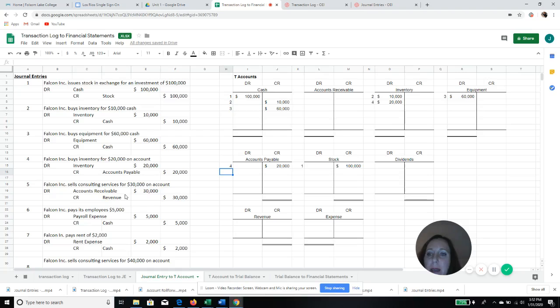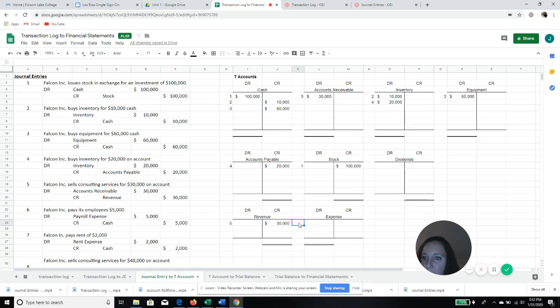Transaction number 5, we debited accounts receivable for 30,000. And we credited revenue for 30,000. Transaction 6, we debited payroll expense. I'm just going to put all my expenses in one T account for now. We'll split them out later, but for this first section, up until the first exam, we're going to just keep them together.